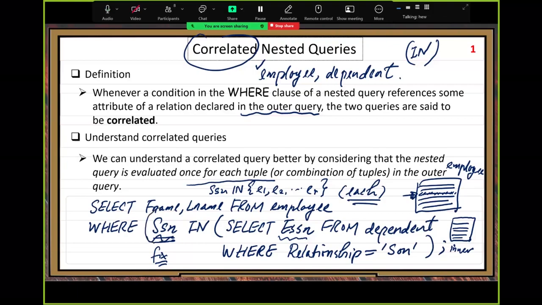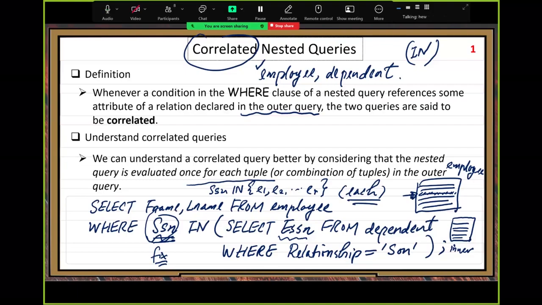So the attribute in the outer query appears in the data from the inner query. That is the correlation. But some have no correlation, which is also possible. I have an outer query and then an inner query.